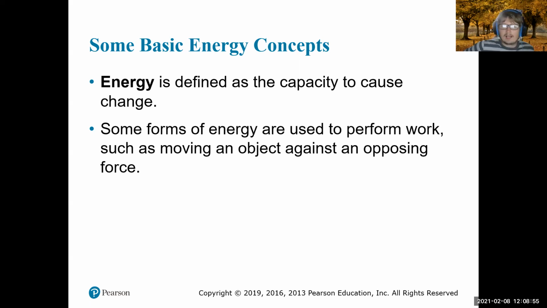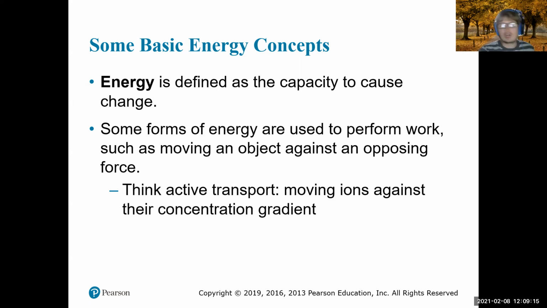One example of energy, and this is the example we're going to look at today, is where energy is used to perform work such as moving an object against an opposing force. And the opposing force in our case is going to be moving an object against its concentration gradient.